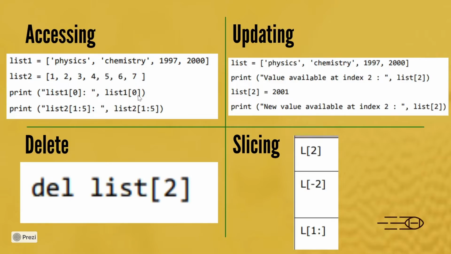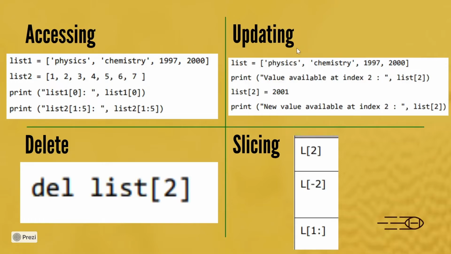If I say list1[1], it will print chemistry, and list1[2] will print 1997, and so on. Similarly, this is the slicing of the list. I hope you have seen the previous video on strings where we discussed slicing. We can also slice the list, so list1[1:5] will start from 1 and go up to less than 5, that is 1, 2, 3 and 4. So this is the simple way of accessing a list.